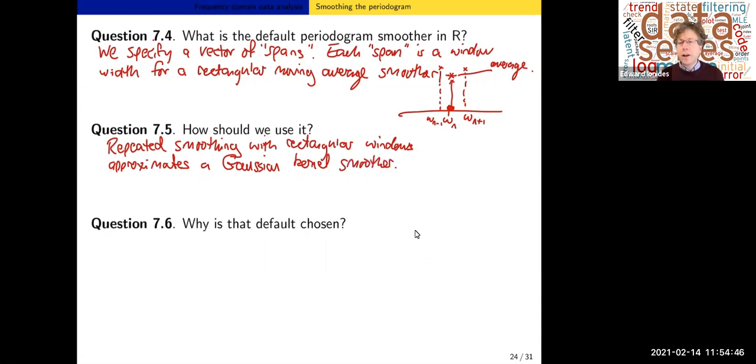If you think about it, that's another way to think about the central limit theorem, that if you keep smoothing, you end up with something that looks like a normal distribution.